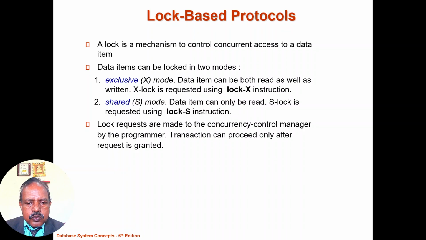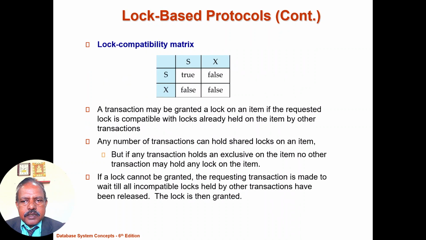When you need these lock operations, these lock requests are made to the concurrency control manager by the programmer. A transaction can proceed only after the request is granted. Suppose you are granted the exclusive lock, then you can perform the read and write. And once you complete, then you unlock, and it will be available for others. Now, what is the lock compatibility matrix?